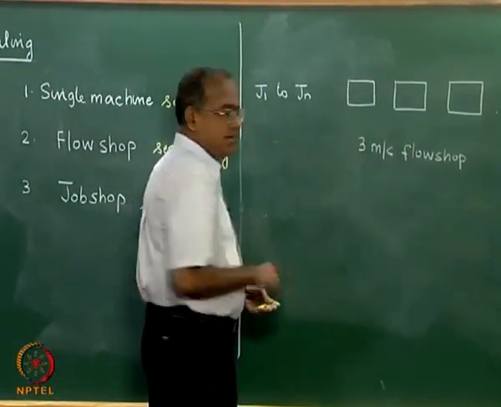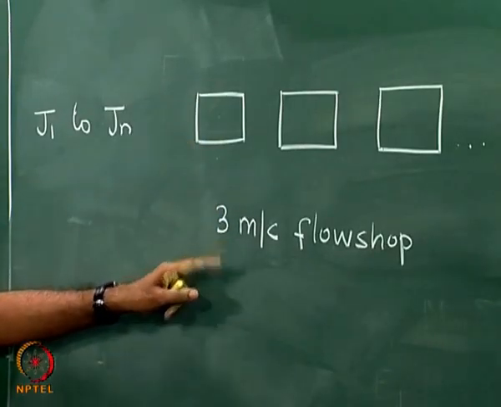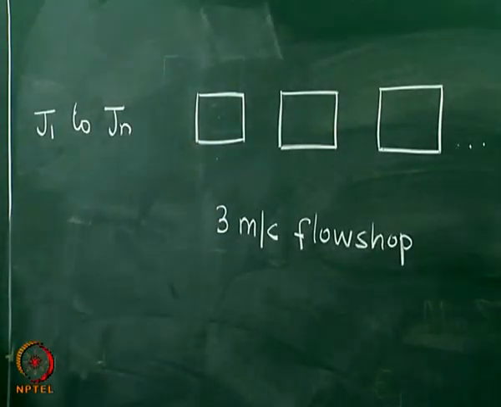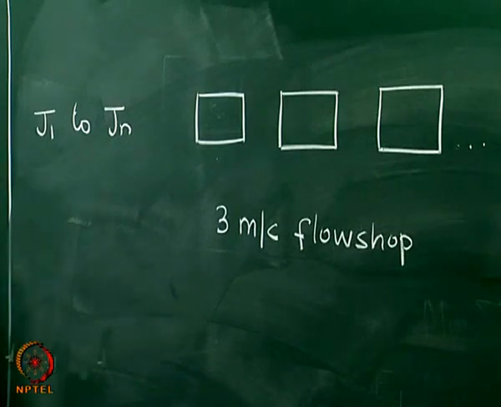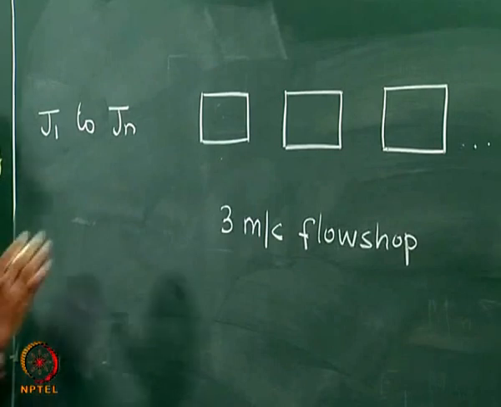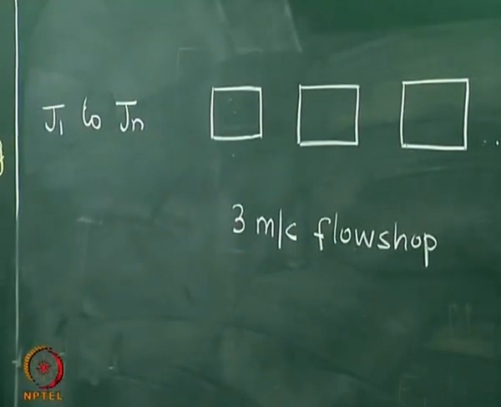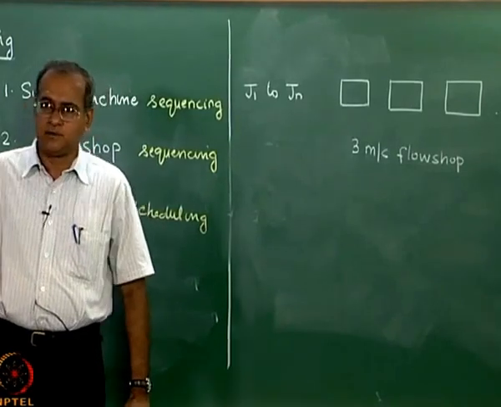We could have, sometimes, parallel processes here and so on, then it becomes a flow shop with parallel processes. It is also called a flexible flow shop and so on. But the basic flow shop problem assumes that there is only one processor in the sequence to represent one particular machine.